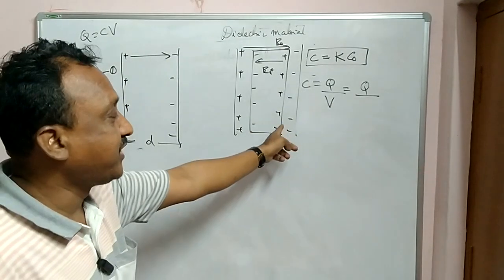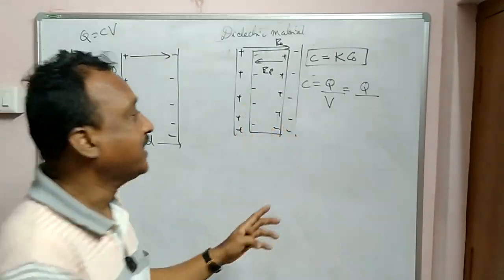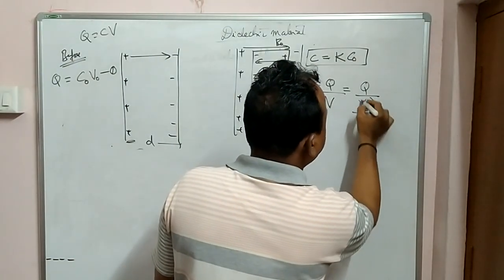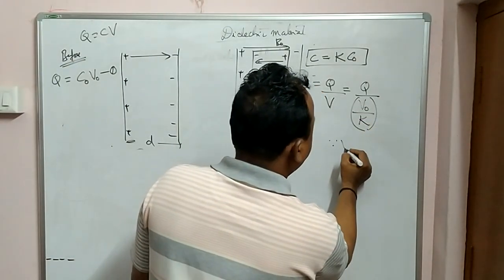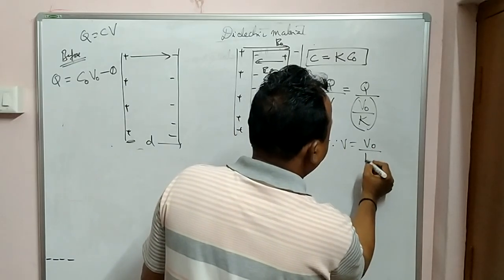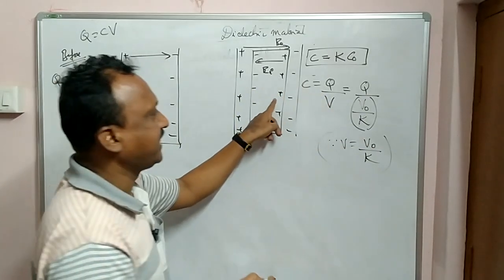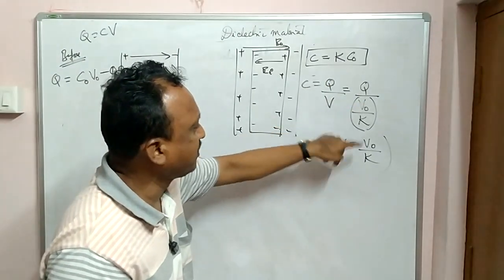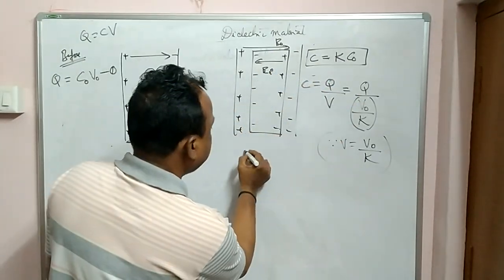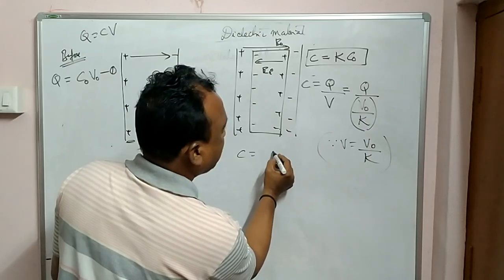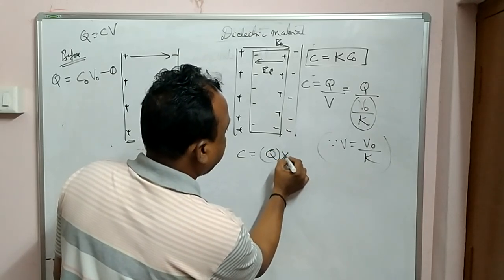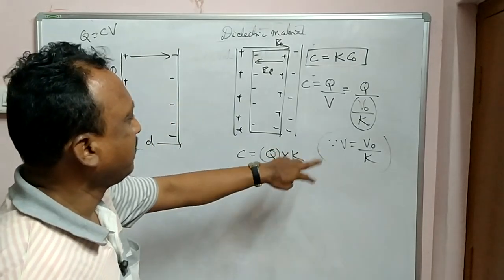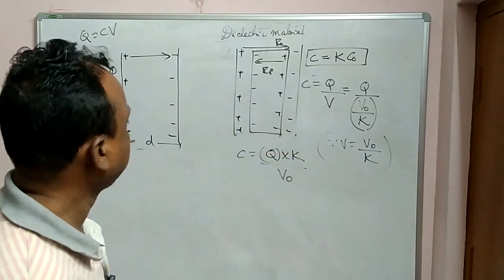In the previous part, I just told you what happens to V: it becomes V0 by K. Since the potential becomes 1 by K times after introduction of the material, the new C value is Q by V, and V is V0 by K. Put it here: C is equal to Q into K by V0.